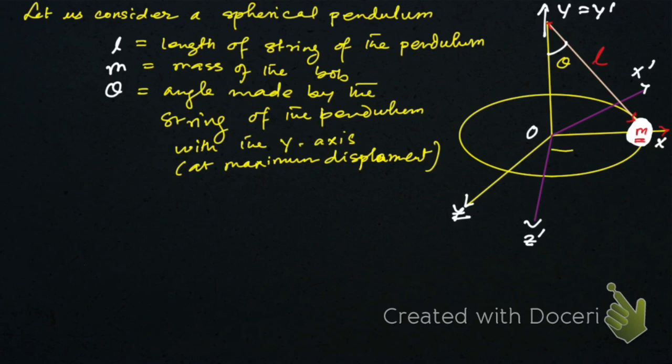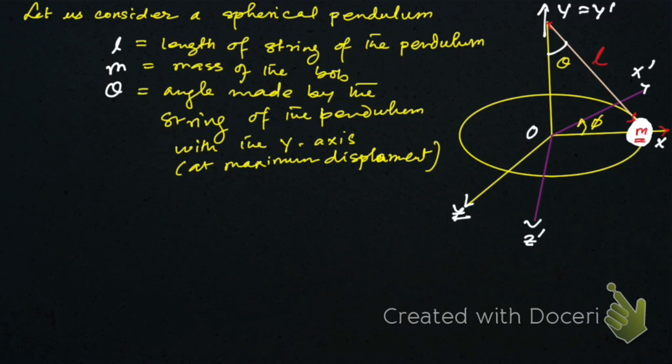When the displacement from its mean position is maximum, at that moment this angle is, suppose, theta, and we have considered that this angle of rotation of this axis is, suppose, phi.